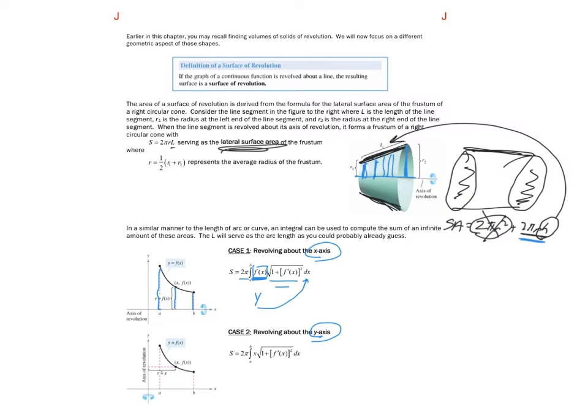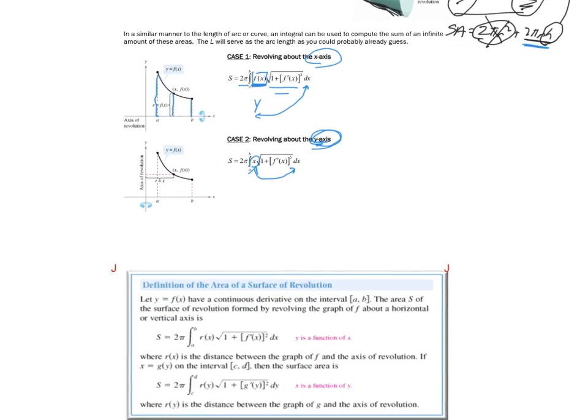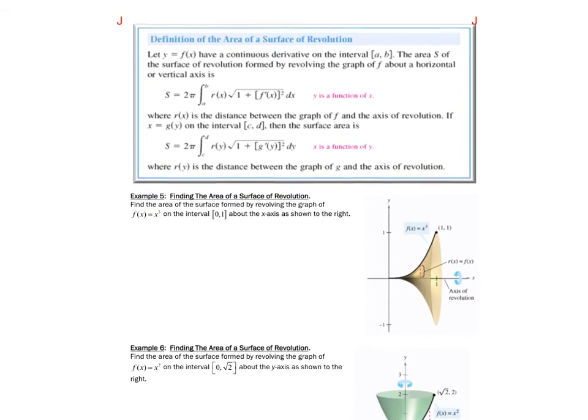I find that gets to be a little bit confusing because your dummy variable here is dx, so to write the y seems a little bit frustrating. If you're going to revolve around the y, then you just have an x. That works out nicely because it's going to be that representative slice. All right, let's see if we can get to an example here and make some more sense out of this stuff.